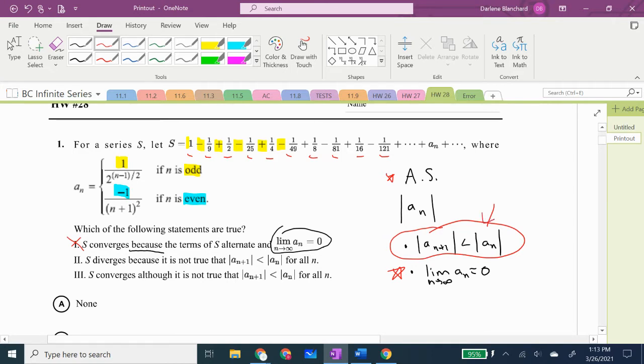And I want to point out that both of these say it is not true that the n plus 1th term in absolute value is less than the nth term in absolute value. Both of them say that. So now it's really just down to, am I dealing with diverge or converge?